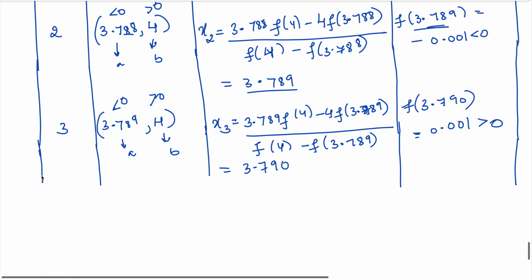So if that is greater than 0, what do we have to do in our next iteration? What was giving us greater than 0 in the previous interval? f of 4, right? So we will replace it with our new x.